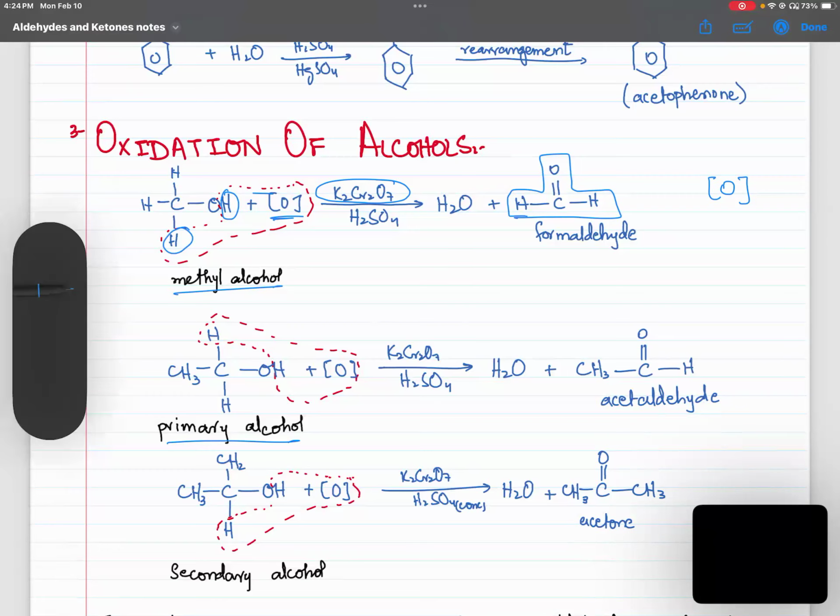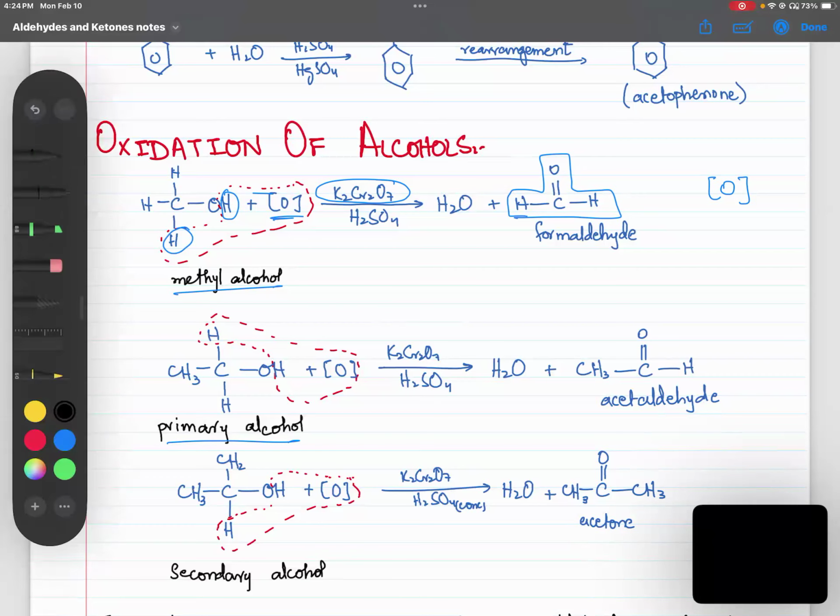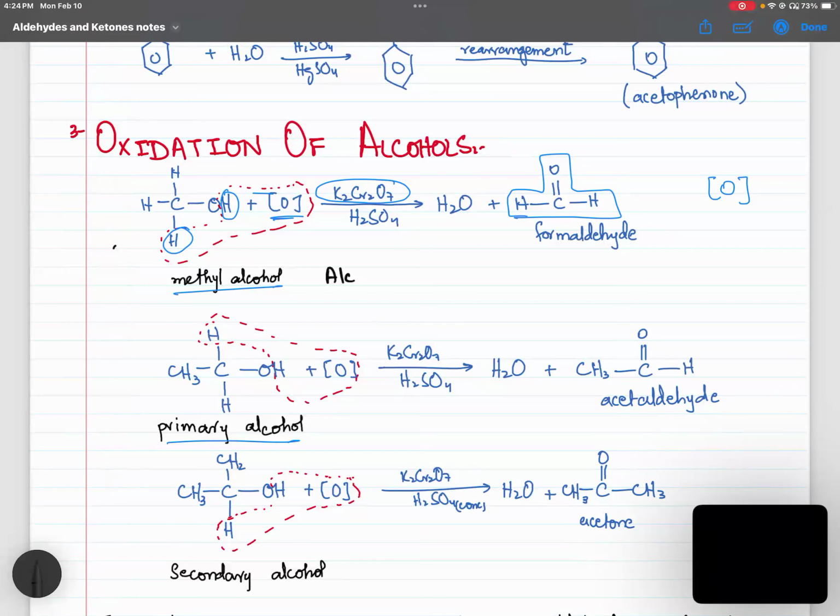With an oxidizing agent like acidified potassium dichromate, you will simply observe the aldehyde. The alcohol will oxidize and produce the ketone, and on further oxidation you have a carboxylic acid.